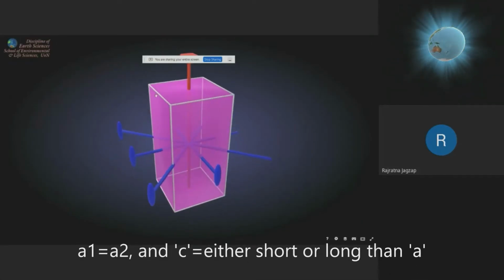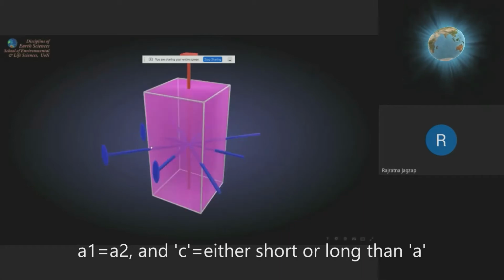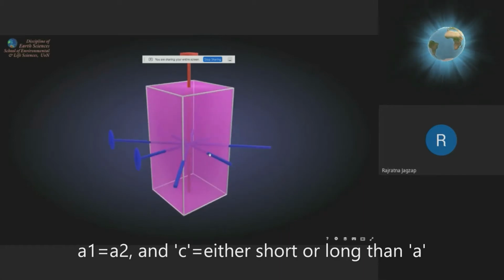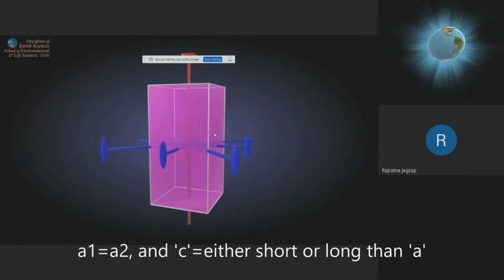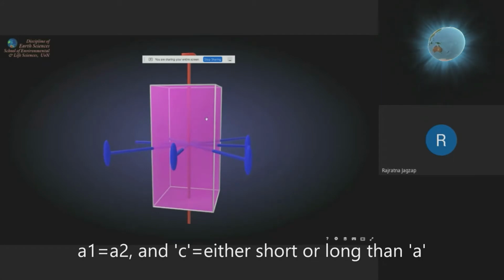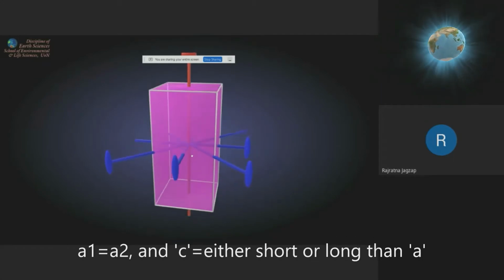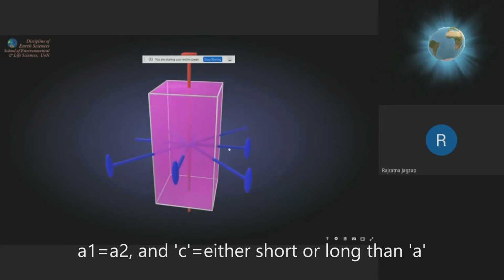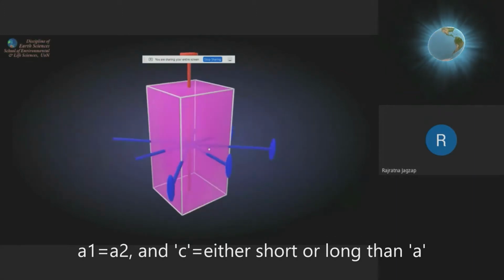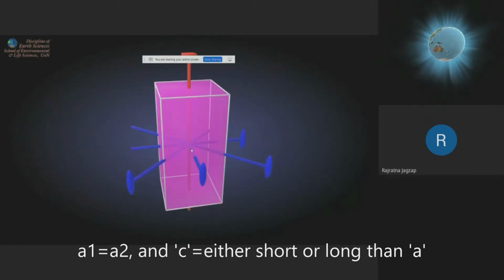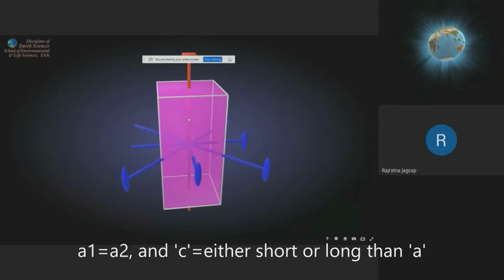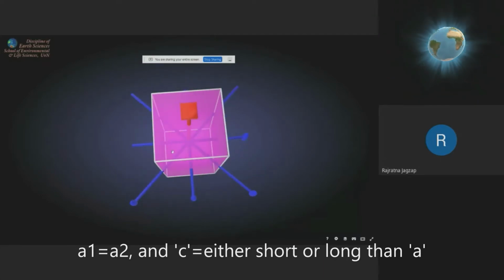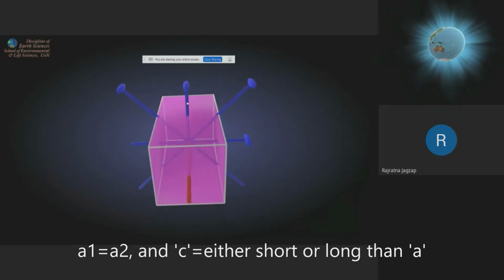Center of this front face to back face here. This is A1 axis, front going front to back. A2 axis, right to left. And A3 axis is vertical. You can see it's going from center of top face to center of bottom face.